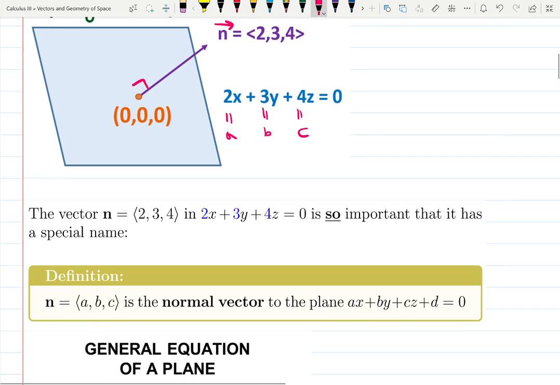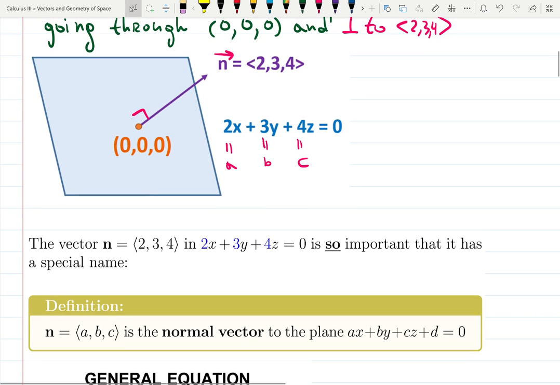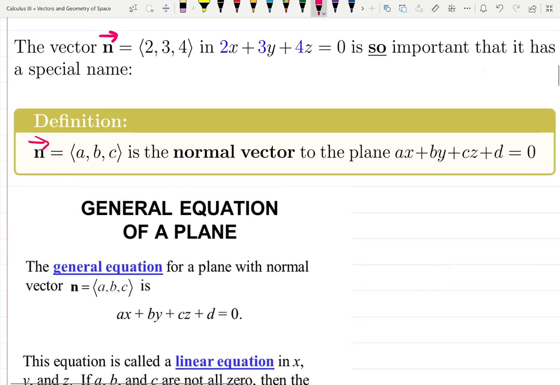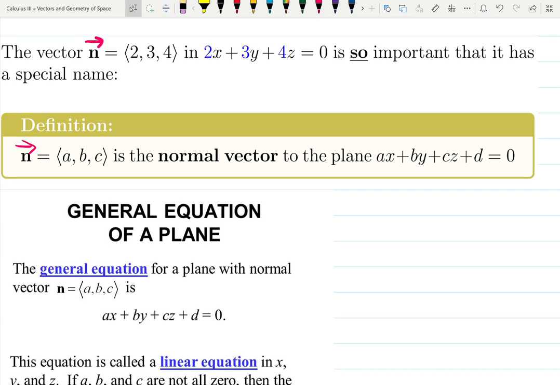So this vector n, which was 2, 3, and 4, and came from those numbers 2, 3, and 4, is very important. So we made a name for it, and we call it a normal vector. A normal vector is basically a vector that is perpendicular to the given plane. Definition: a normal vector (a, b, c) is a vector that is perpendicular to the plane ax plus by plus cz plus d equals 0.